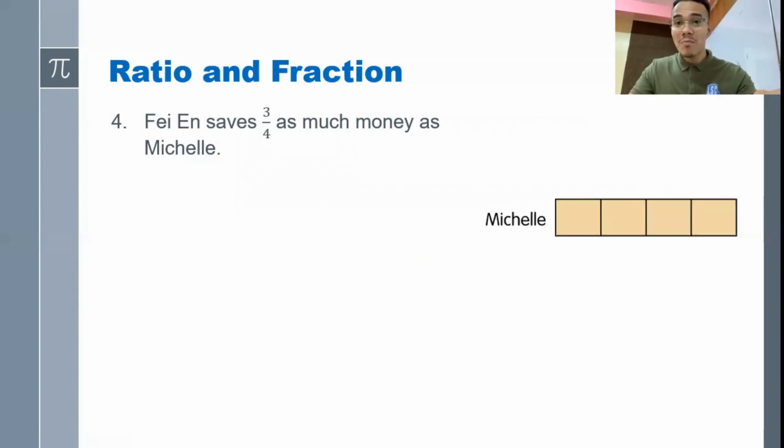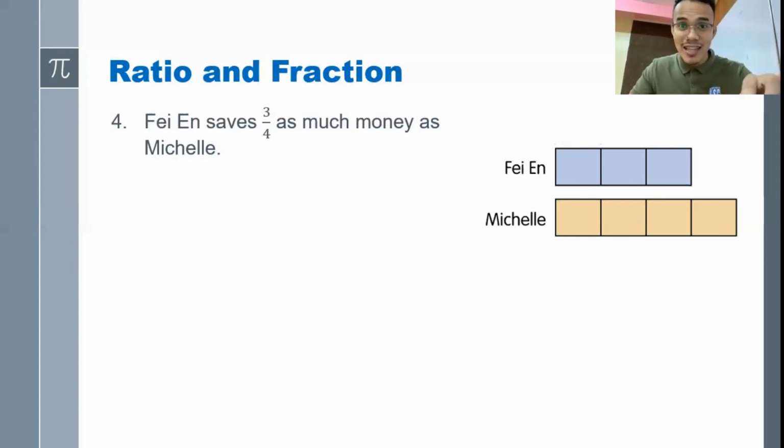So the model for Michelle should be divided into 4 equal parts because we want to get 3/4 of that. Okay? So that's for Michelle, and Faye N is just 3/4 of whatever Michelle has. Did you get that? And take note that 1 bar or 1 box is 1 unit.